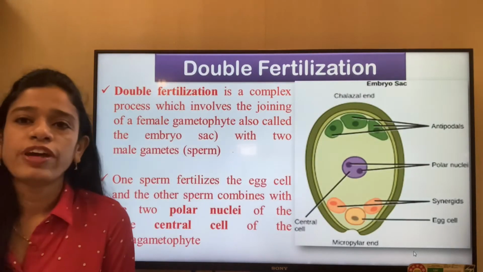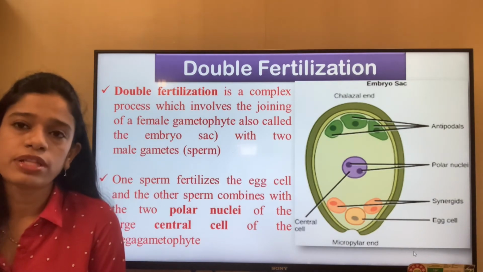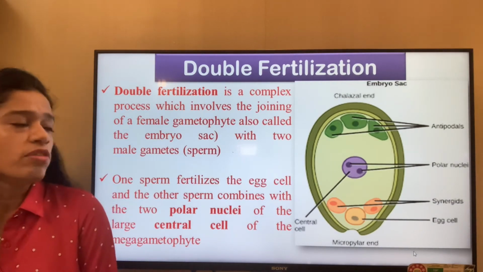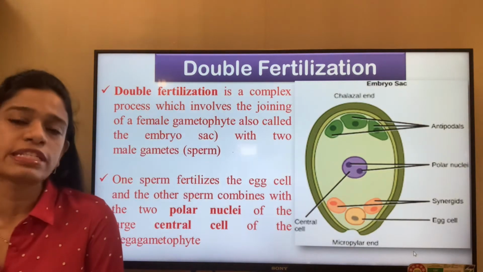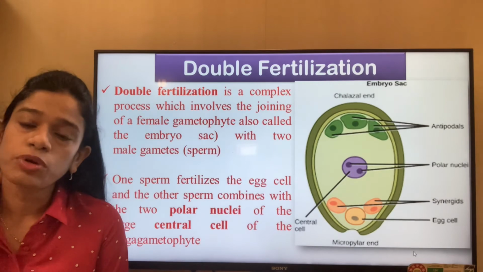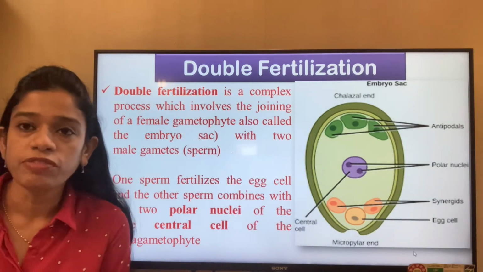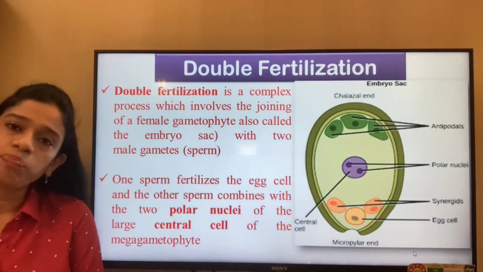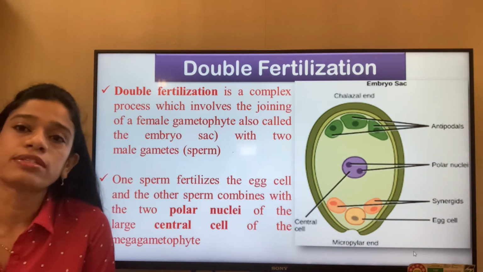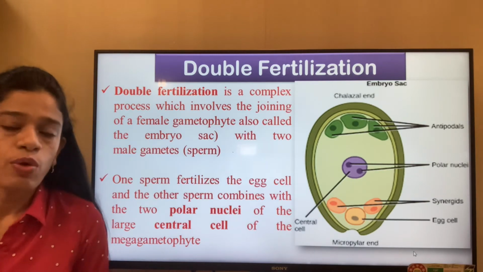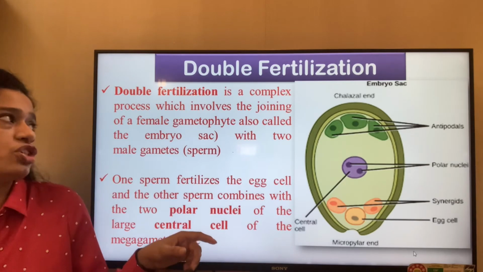Now when we are talking about sexual reproduction in higher plants like angiosperms, we always get to hear about a term called double fertilization. Exactly what happens during the process of double fertilization? Why is it called double fertilization? We have just talked about fertilization, but why double?